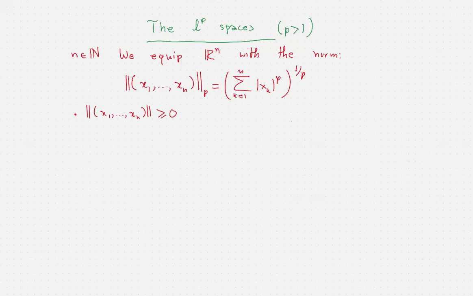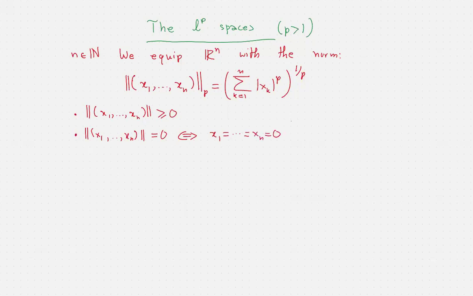Secondly, we have to check that the norm of (x1, ..., xn) is 0 if and only if all the xk's are 0, since I'm using k as my generic enumerating index. Okay, so we can also see this quite plainly.